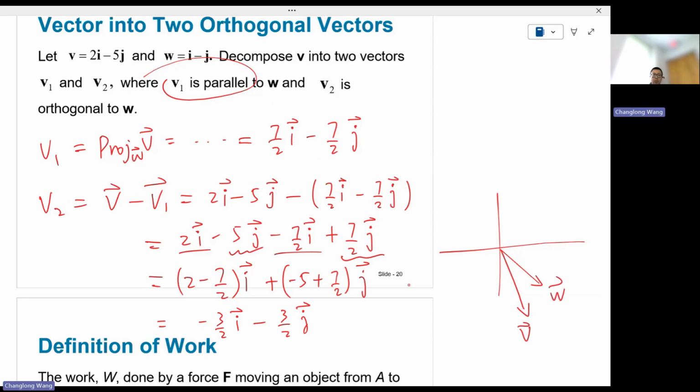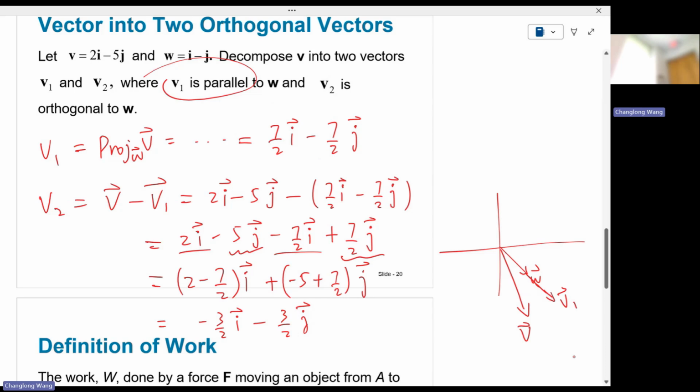Now V1, that's 3.5. Oh, you know what? I think it's a lot shorter than that. All right, so that's W. V1 is 3.5 units to the right, 3.5 units down, but it needs to be parallel to W. Do you see that?